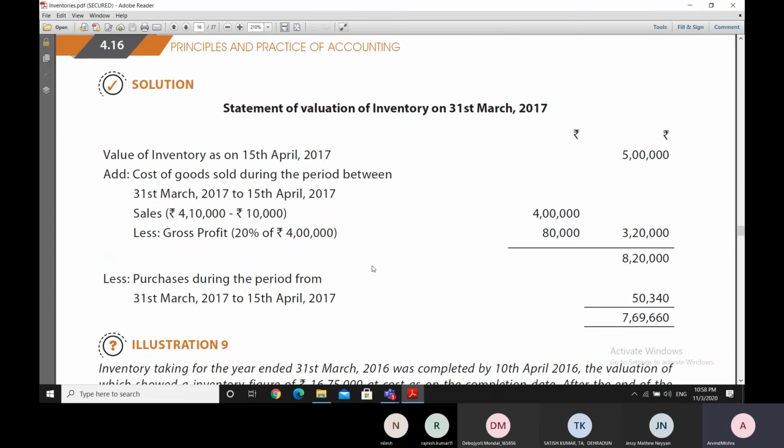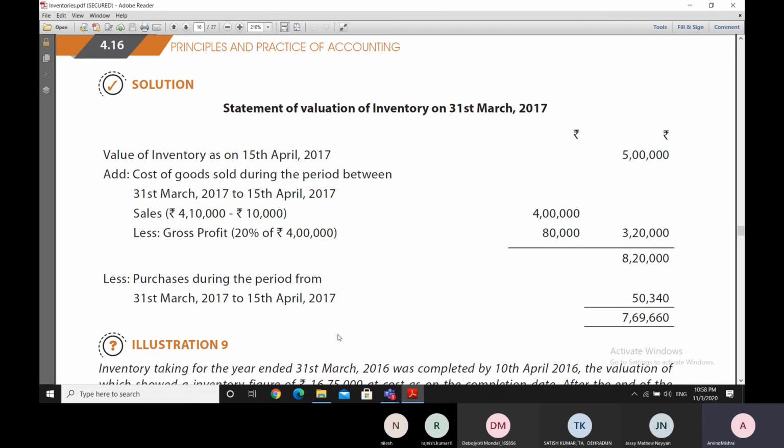Or in other words, the inventory that we got is 5 lakh rupees. Whatever purchases were made during this period have to be reduced, because those purchases are already part of this inventory.